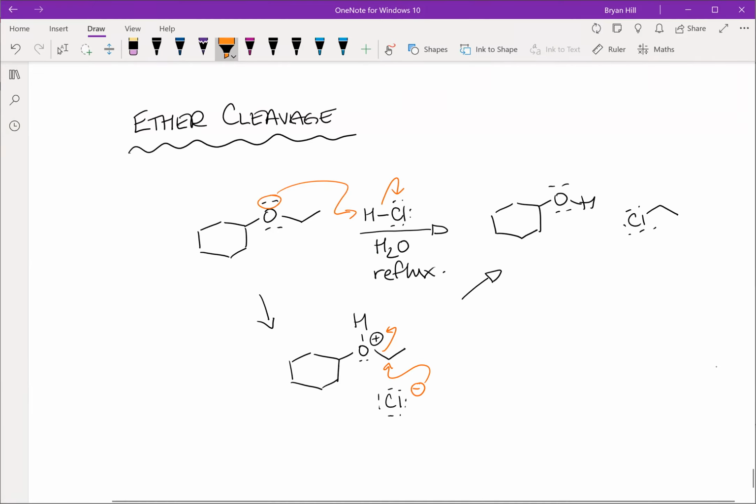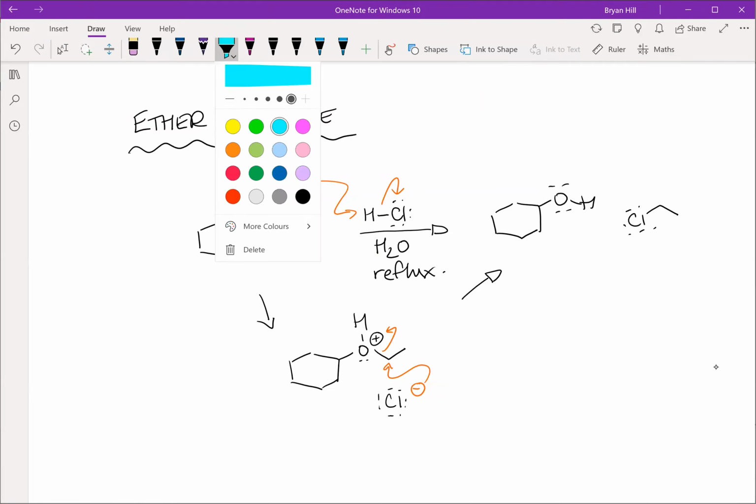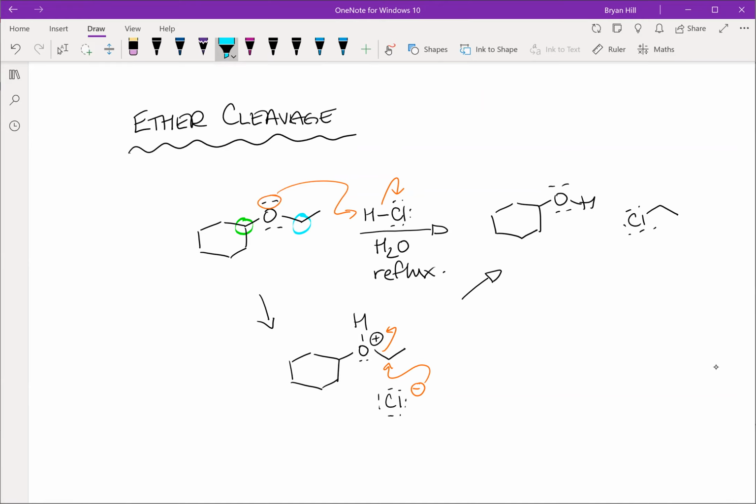So look on each side and determine whether it is a primary, secondary, or what type of carbon. If you've got a primary, this is going to go SN2.